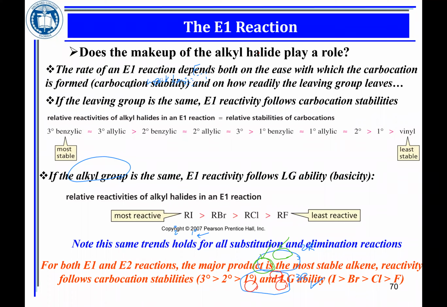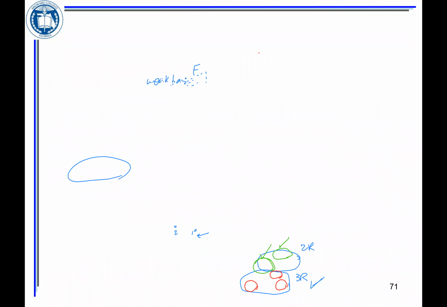And about the leaving group, the better the leaving group, the faster the reaction. This is for E1. You do not need a strong base for E1. The major factors are the leaving group, and the degree of the carbocation that is forming. The more stable, the faster.